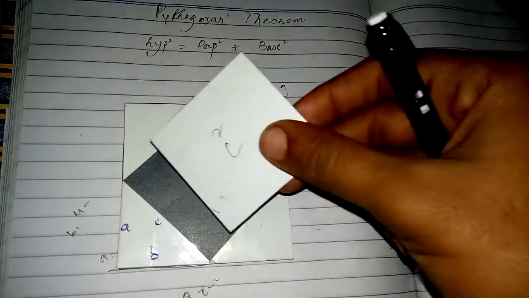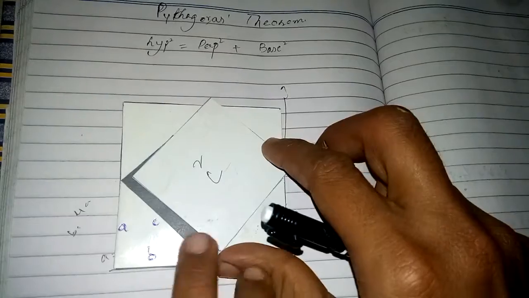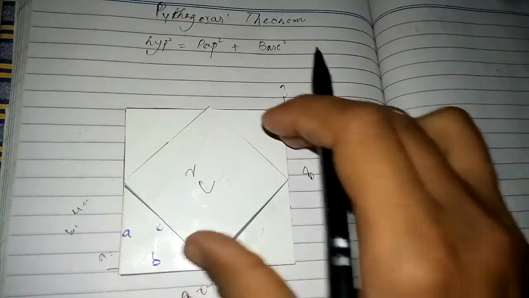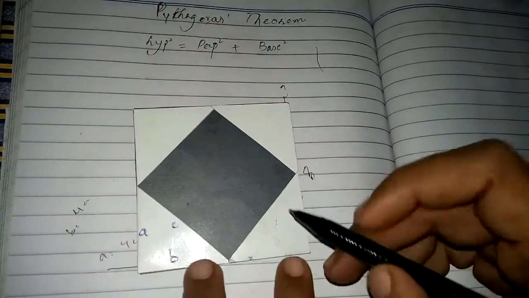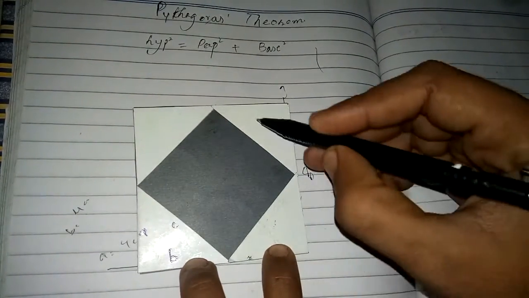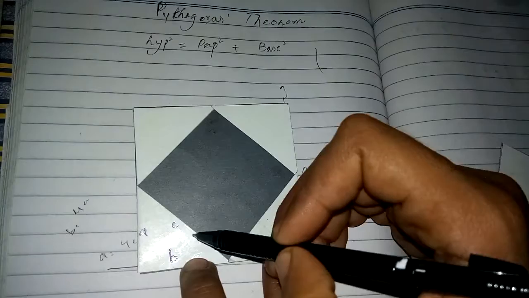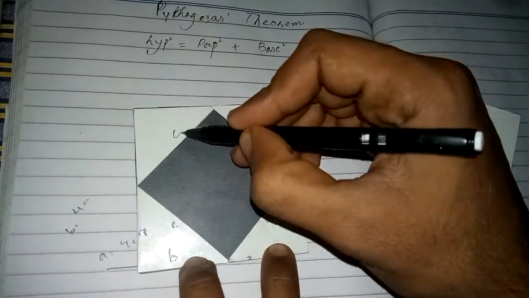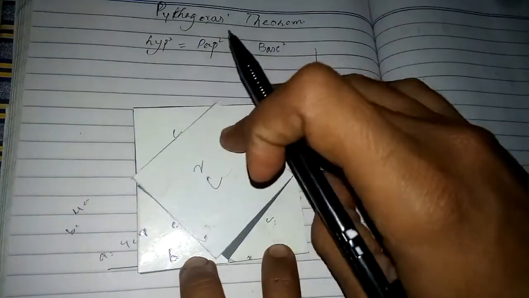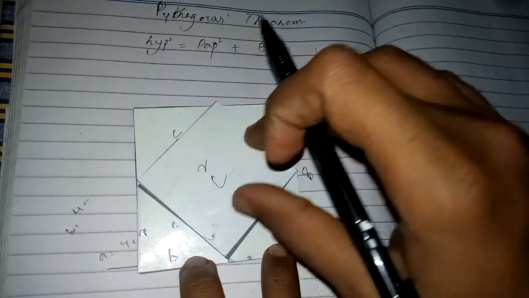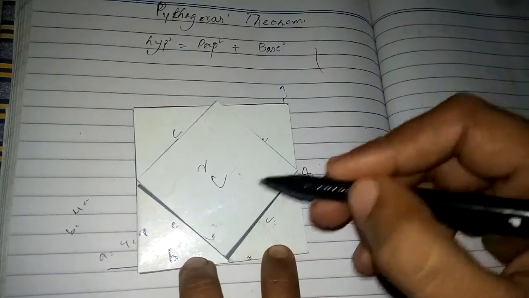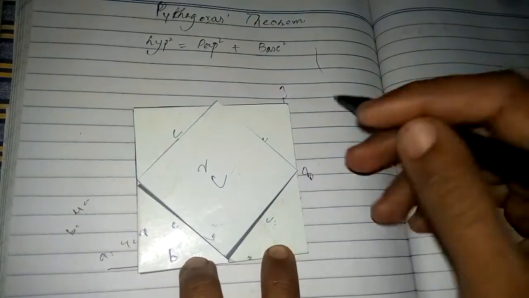I have labeled it C square, because here the length is C and here the length is C, because these are all the hypotenuse. This is the hypotenuse of the triangle, this is hypotenuse, this is hypotenuse, this is hypotenuse, which are all C. So here it is C, C and C. So we can see that this is the C square. This square has the dimension of C squared, meaning C into C.